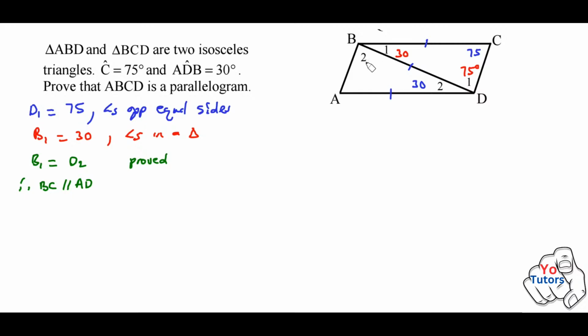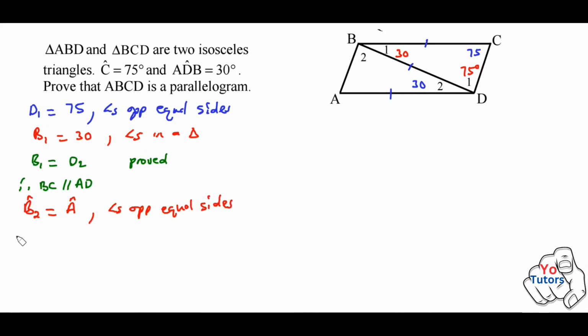How are we going to find B2? We know that B2 will be equal to A. Why? Angles opposite are equal.